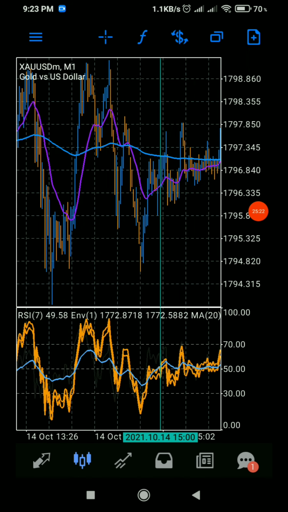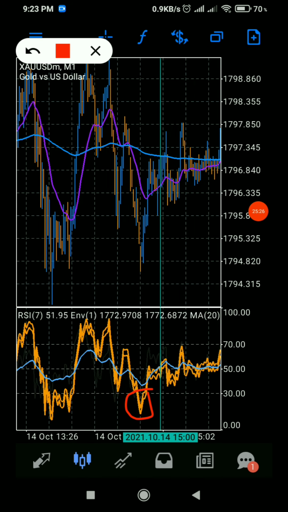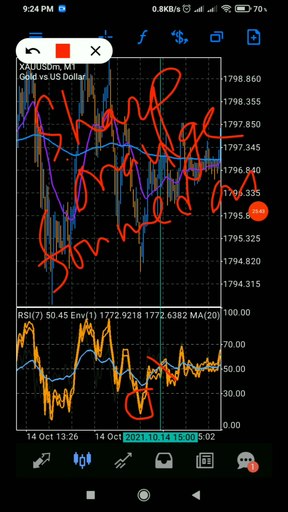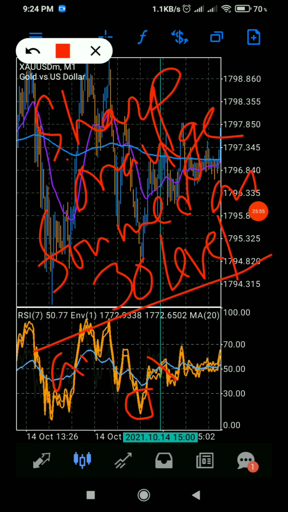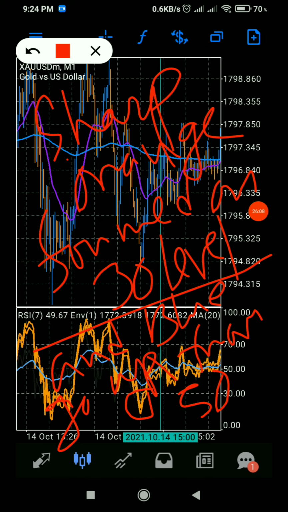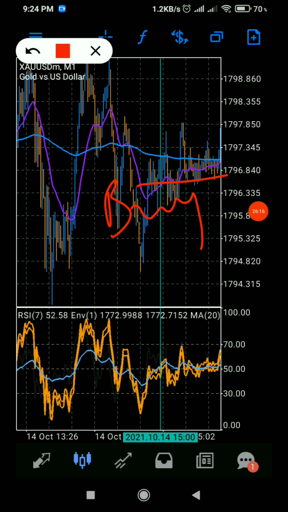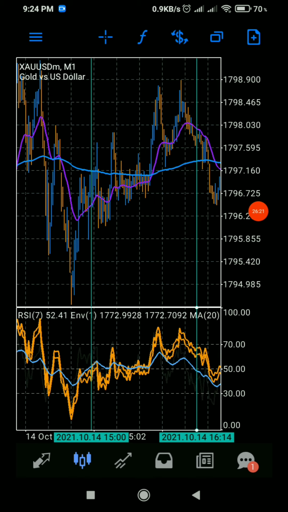Okay, and here a sharp edge is forming and the blue lines cross 50, so it is a buy signal, and you can take this buy signal from this target level. So from here, buy.